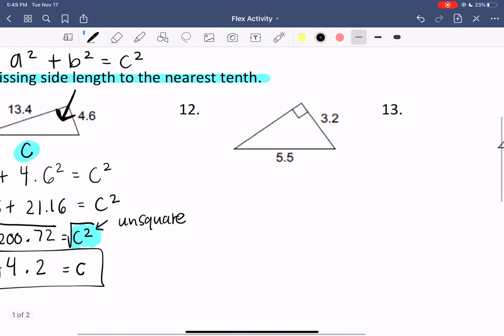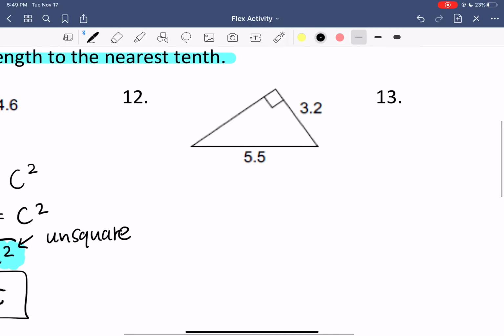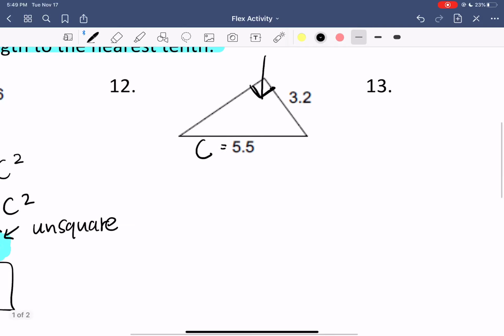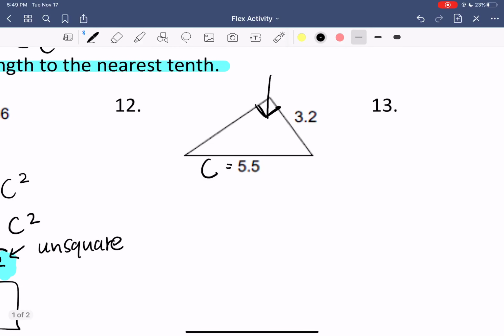All right, on number 12. We have our right angle that always points to C. That means we're looking for either A or B, and it doesn't matter which. We have A squared plus B squared equals C squared.